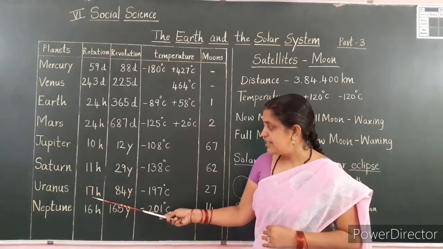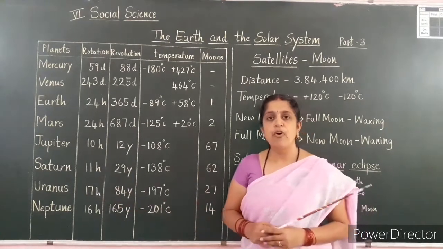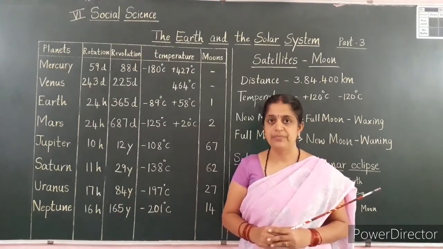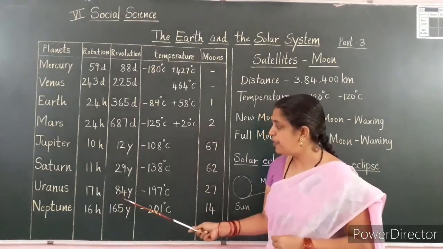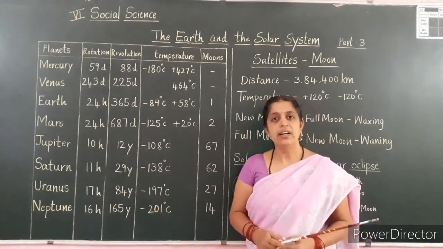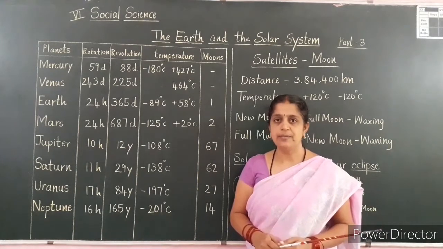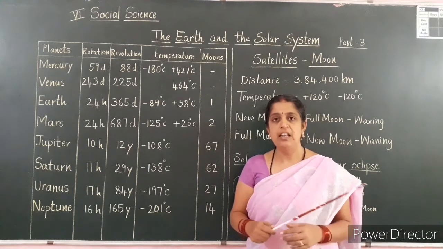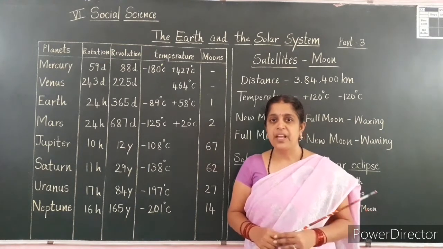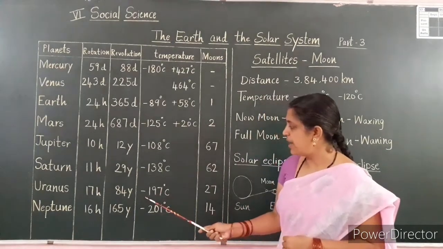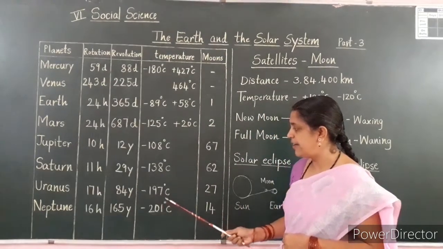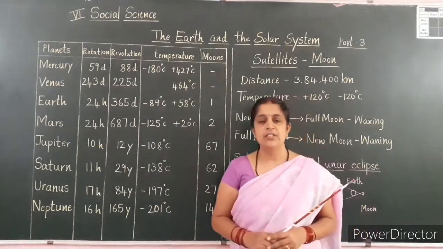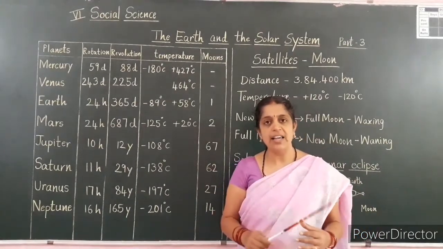It takes 17 hours for one rotation and 84 years for one revolution around the sun because of the lengthy orbit. And the temperature is minus 197 degrees Celsius. That is why it is called an ice giant.